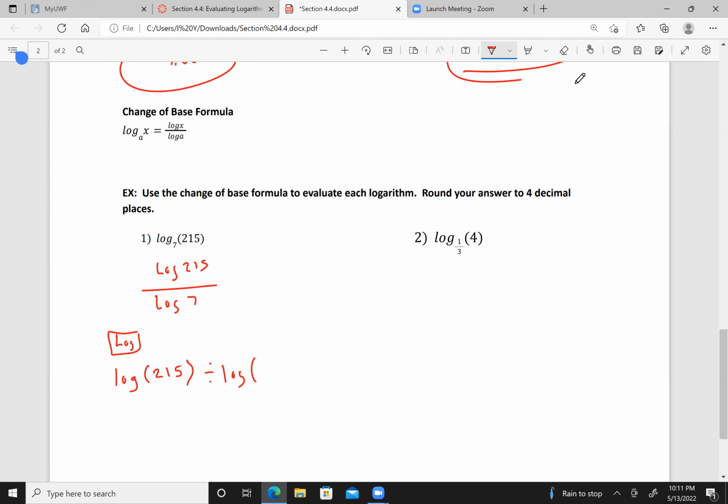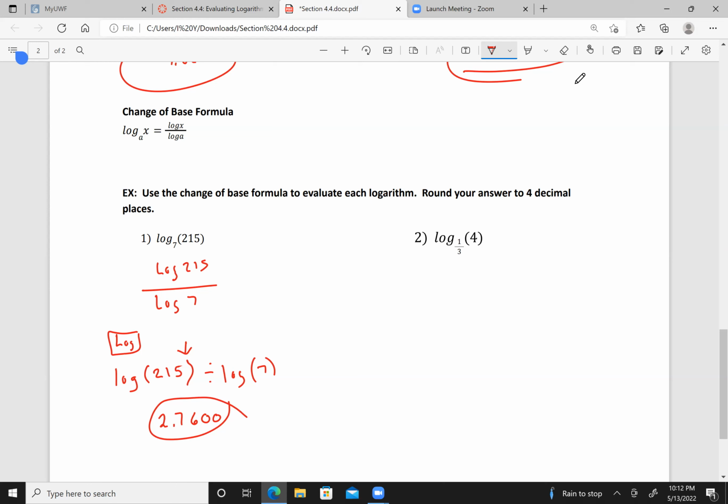It'll open a parenthesis, 7, close them and enter. And you should get 2.75, actually rounds up to 2.7600. So it's very important you close that parenthesis. Otherwise, you're taking the log of 215 divided by the log of 7, which is not what you want.